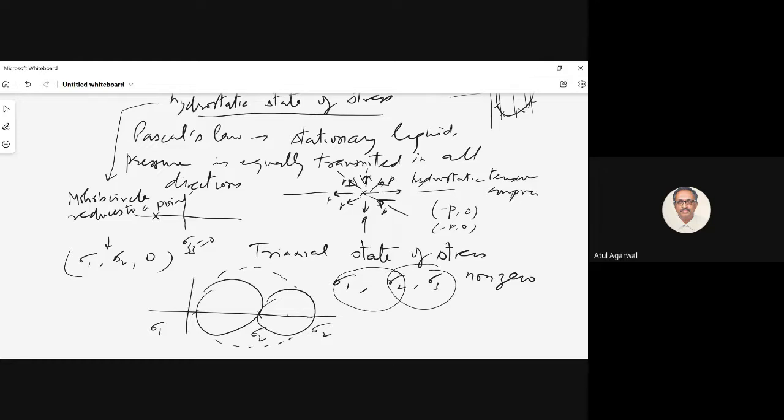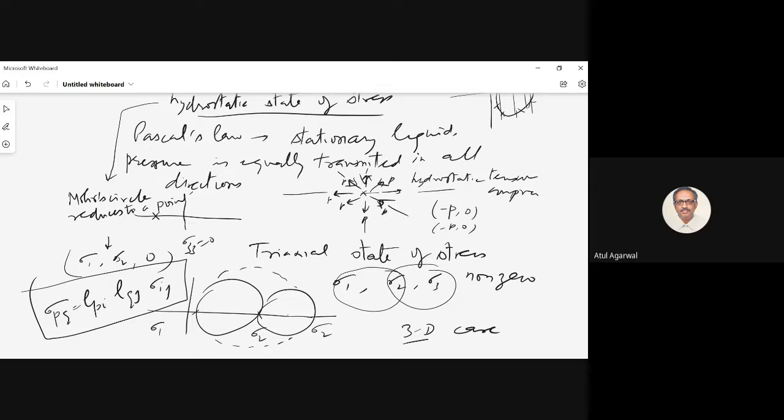This way you can talk of handling Mohr circles for the 3D case, but you cannot find stress on any plane using the Mohr circle. For that, you have to go to this formula. This I have done; you go back to that lecture and you can do it.